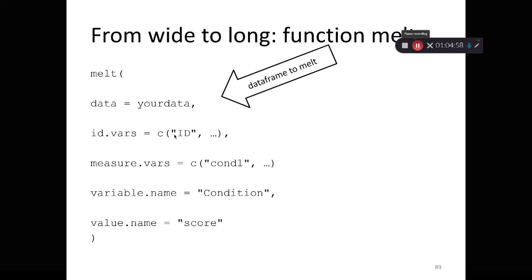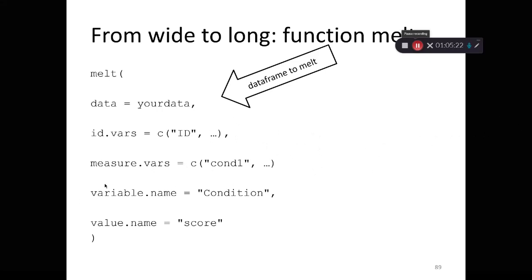Variables that stay the same for each participant, like the gender of the participants, the ID of the participant, etc. Then you have measured variables that are the variables that change over time, like, for example, the anger before and after the manipulation, and after 1 month, 2 months, etc.